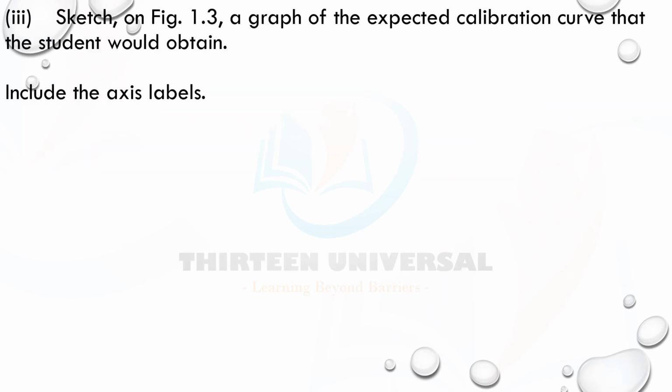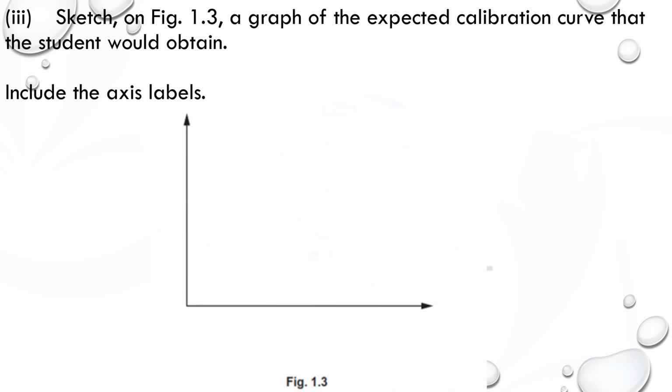How you produce it. Sketch on Fig 1.3 a graph of the expected calibration curve that the student would obtain. Include the axes. So remember, what we are doing here is that we're varying concentration. So concentration is our independent variable.